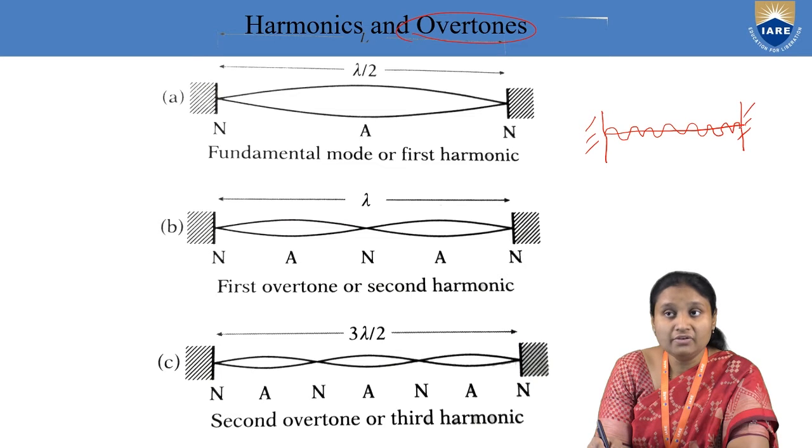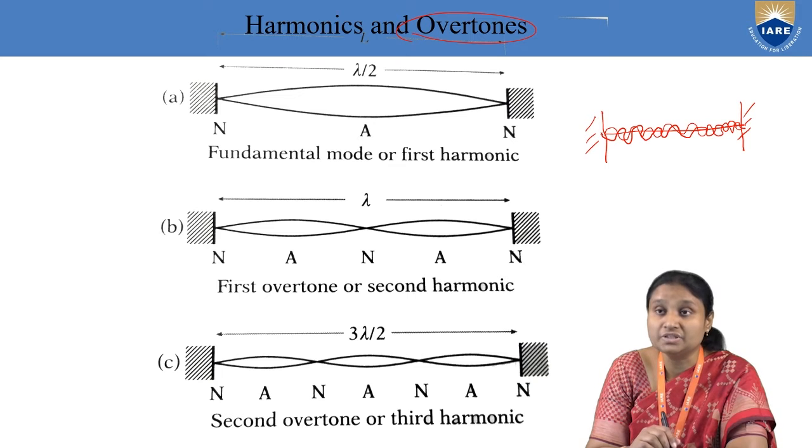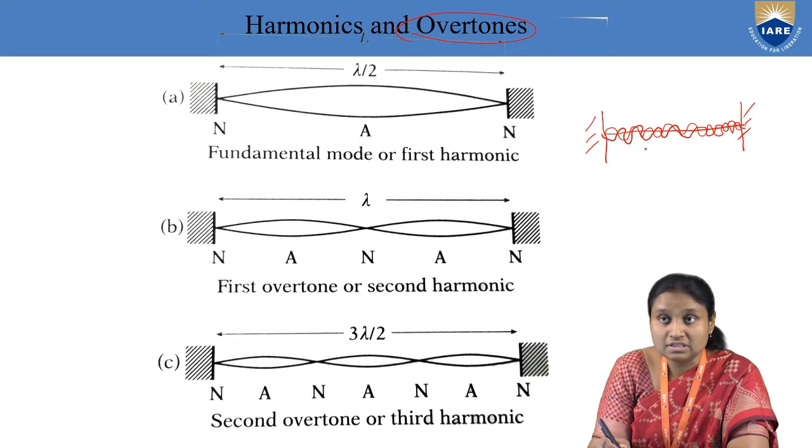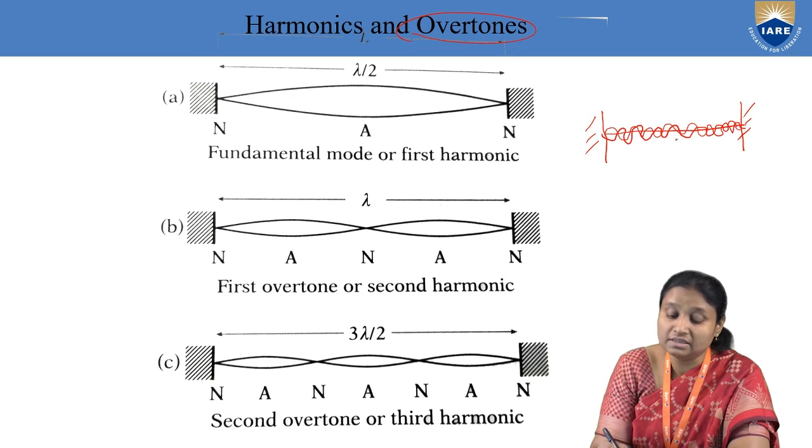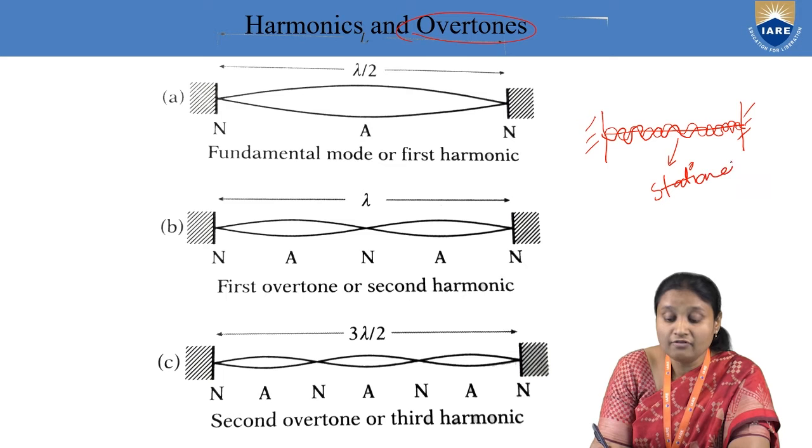And when this wave reaches the other point where it is fixed, you will have reflection of the wave. The wave gets reflected back with a phase change along the same string, and because of this there will be formation of nodes and antinodes in the string, and such waves are called stationary waves. So we'll have formation of stationary waves in the string.